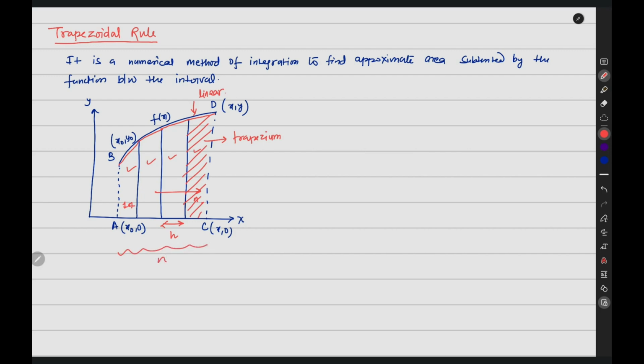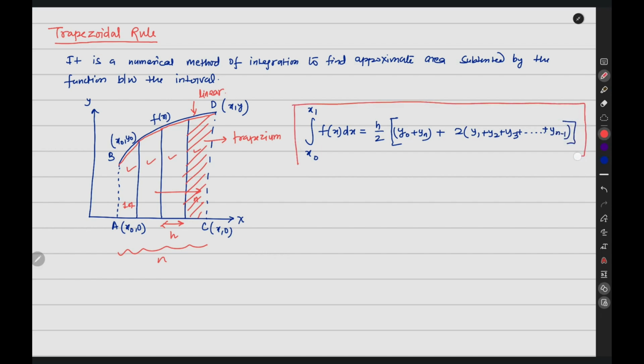Now we will write the formula: integration from x0 to xn of f(x) dx equals h by 2 into y0 plus yn plus 2 into the rest of the terms, where h is the step size.